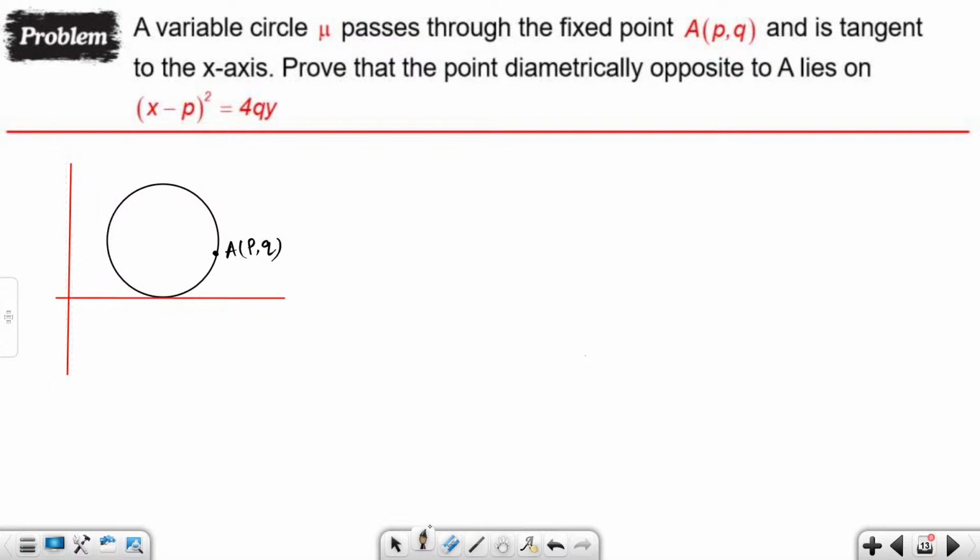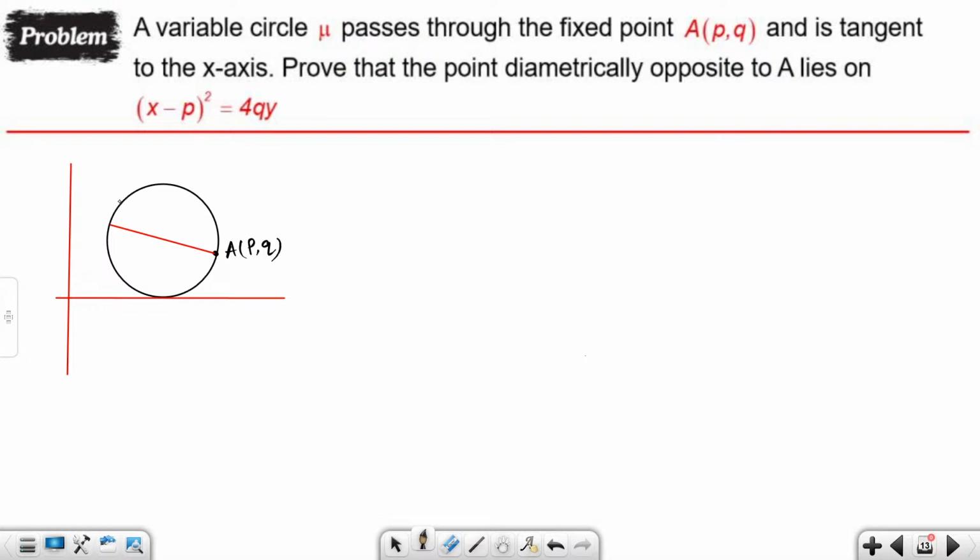Okay, fine. Then what have they said? Prove that the point diametrically opposite to A, that is, the point which is diametrically opposite to A, is passing through the center. This is the diametrically opposite end. Okay?